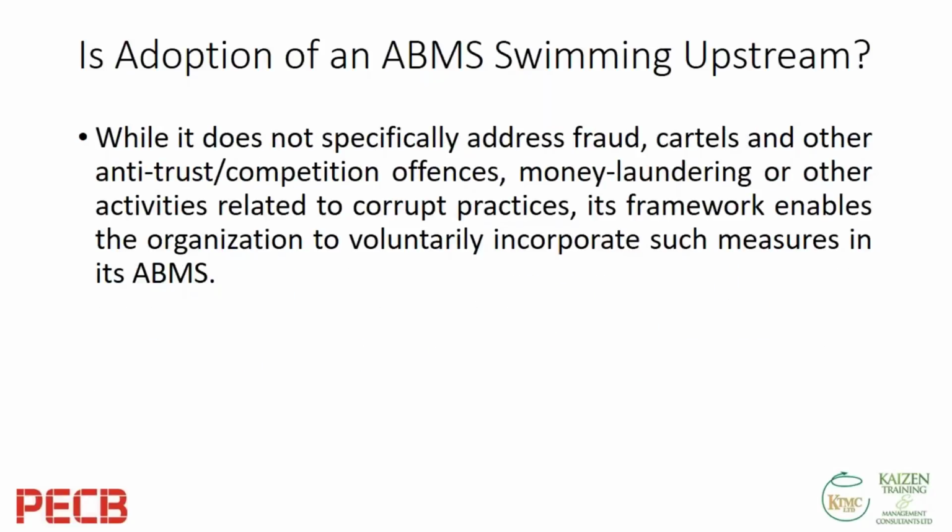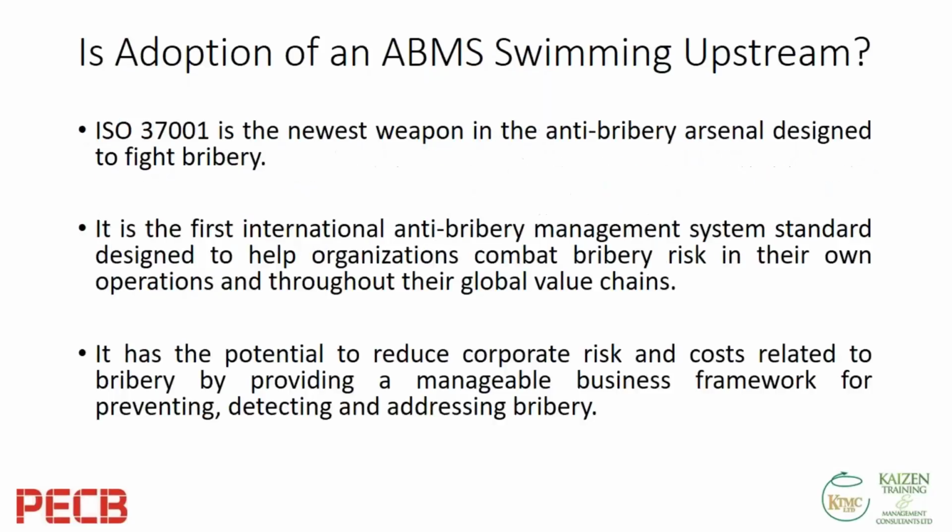While it does not specifically address fraud, cartels and other antitrust, anti-competition offenses, money laundering, or other activities related to corrupt practices, the framework of the standard enables the organization to voluntarily incorporate such measures in its ABMS. Depending on your context, you can adopt other measures beyond those implied by the standard to prevent and detect bribery.